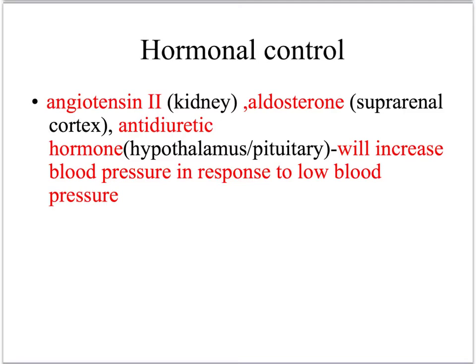We'll deal with that more later. But then the angiotensin is going to cause the kidney to retain sodium. Aldosterone is actually a mineralocorticoid hormone that's secreted by the adrenal cortex. And then finally, the antidiuretic hormone is secreted by the hypothalamus, that's produced in the pituitary.